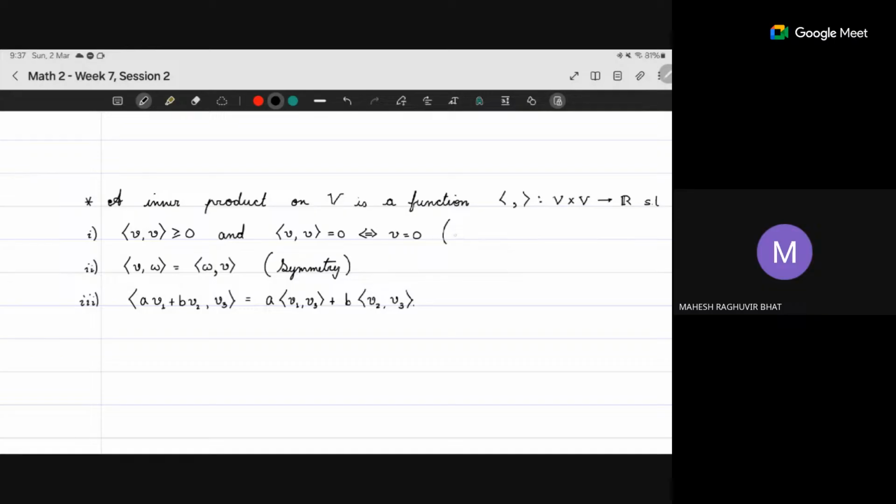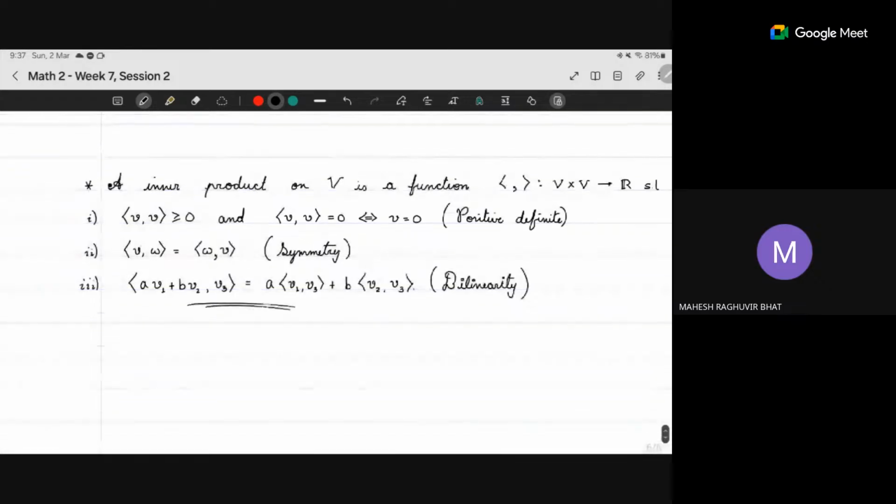And this is positive definiteness. Okay, I'll just write it. These names are not important to remember. I don't even know if the prof mentions these terms, but this is called bilinearity. What this says is that you can take a linear combination of some vectors and then take the inner product with the third vector, or you take the inner products of the vectors and then take the linear combination with the same constants.